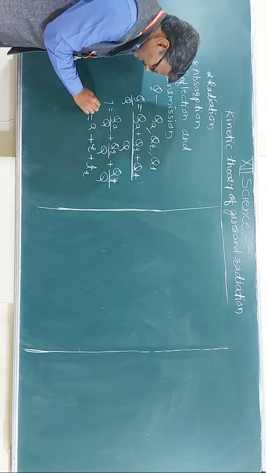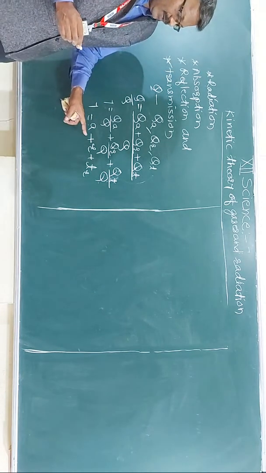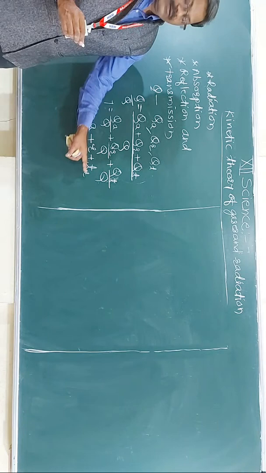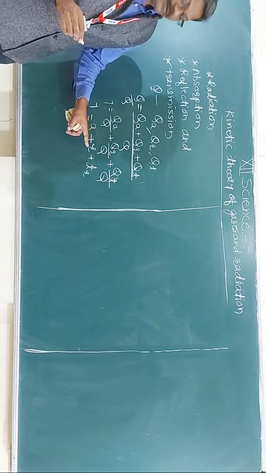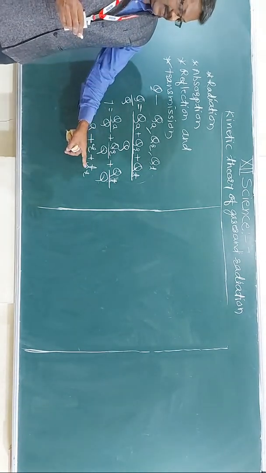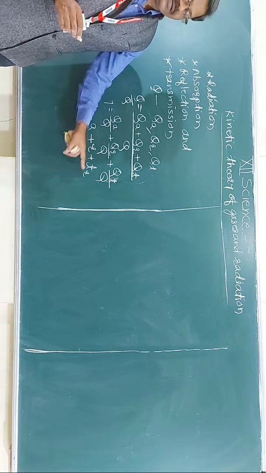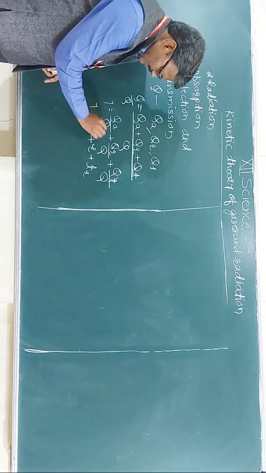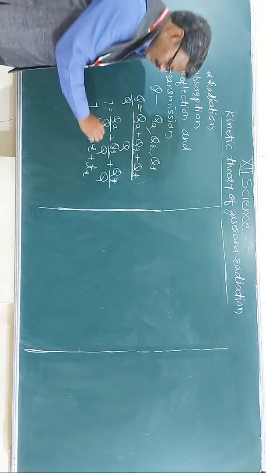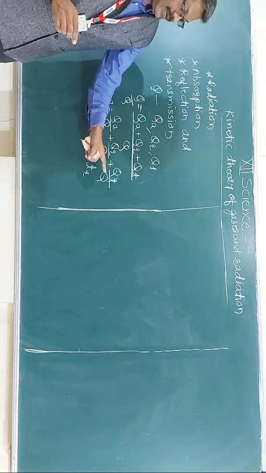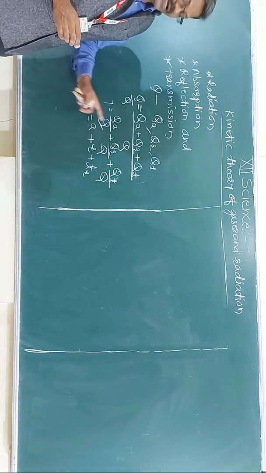Now we get 1 = a + r + tr, meaning coefficient of absorption, coefficient of reflection, and coefficient of transmission. From this, we can define each of these coefficients.